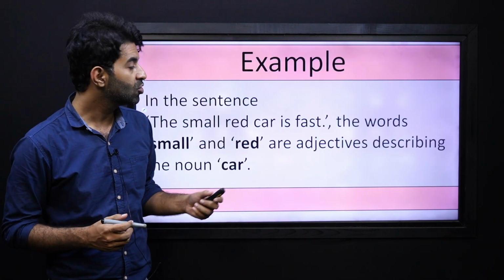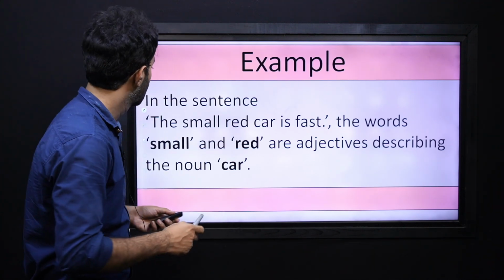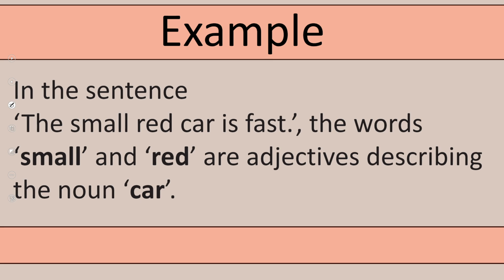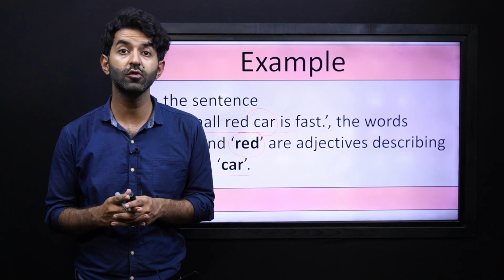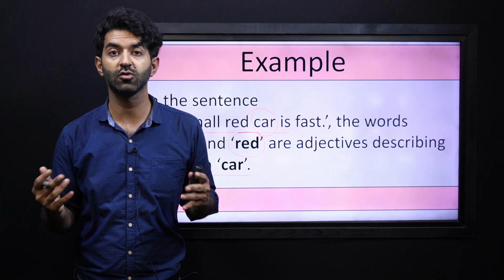Now, let's look at an example over here, students. In the sentence, the small red car is fast. Notice the words which are describing our noun. The noun is car. Small and red are adjectives describing the noun car. Now, why do we use the word small? We use it to show the size of something.